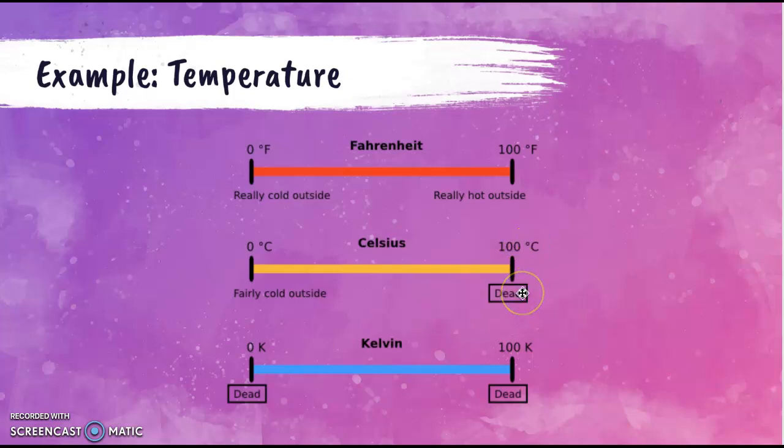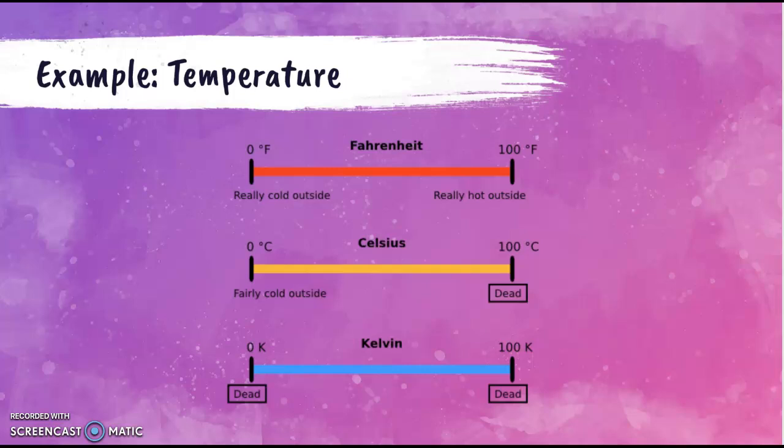We are dead because the water in our body is boiling. And then Kelvin is talking about what it feels like to an atom or a molecule. It's talking about that sort of scale. But 0 to 100 Kelvin, that's way too cold for us. We are super dead. We're going to talk about that conversion another time.